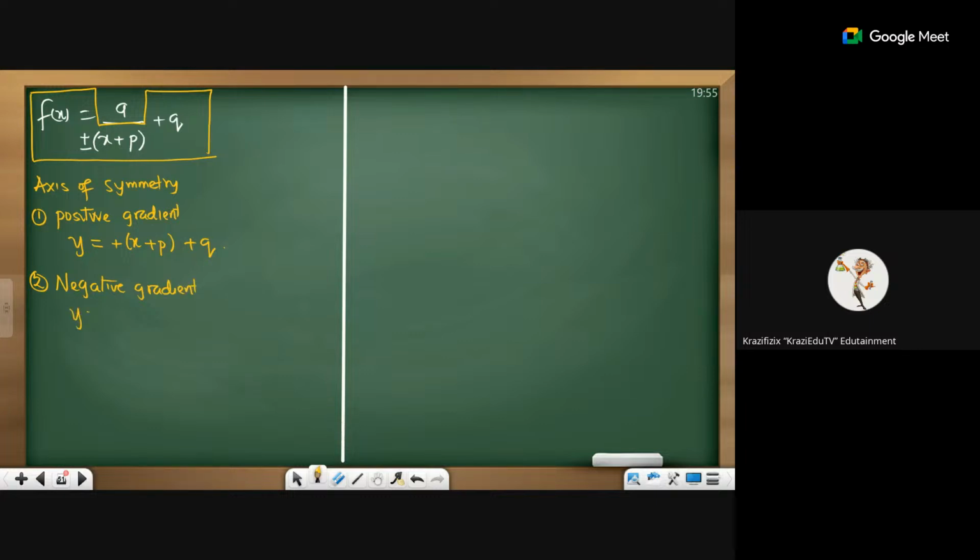I am now working with the negative, x plus p, plus q. Then you solve. That is number 1, important point. Next important point. The axis of symmetry has gradient which is positive or negative 1.